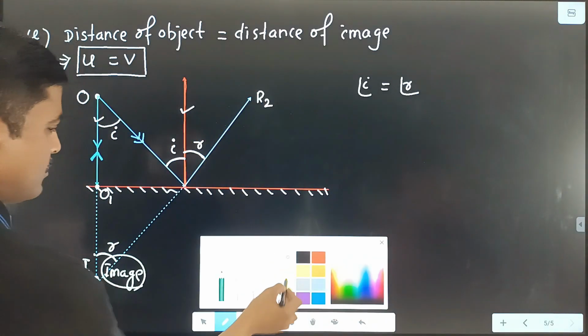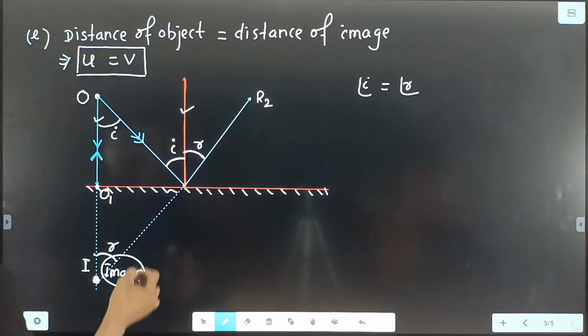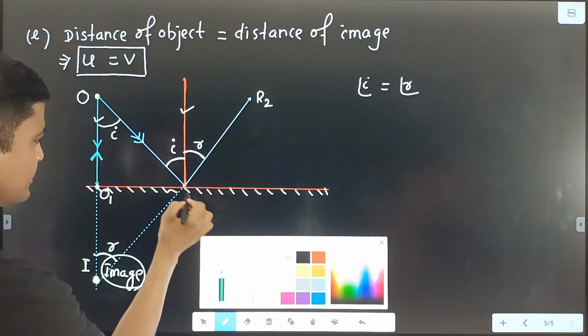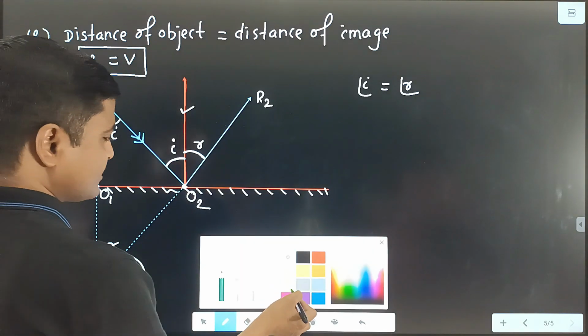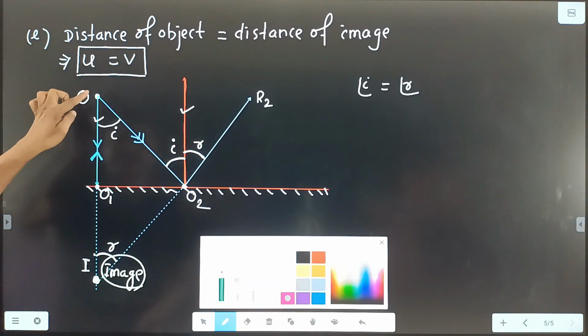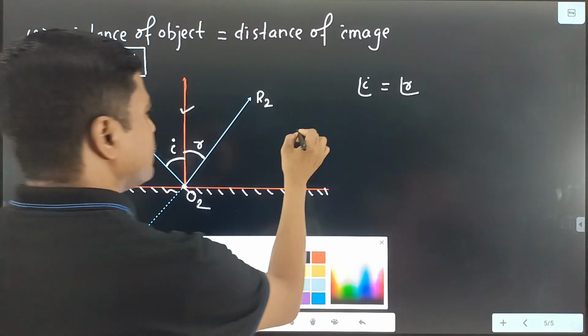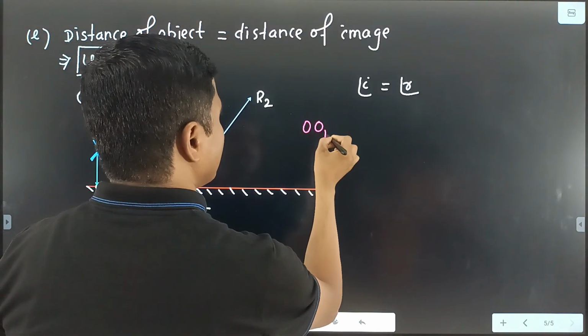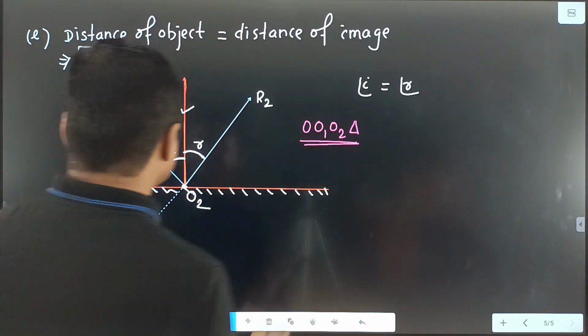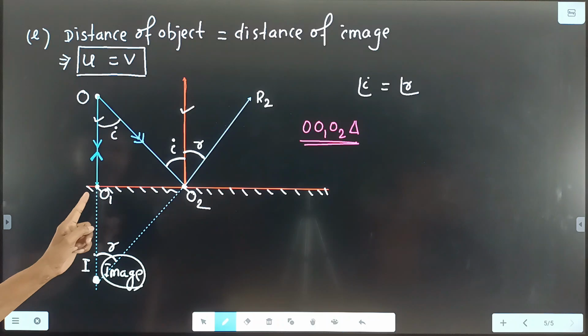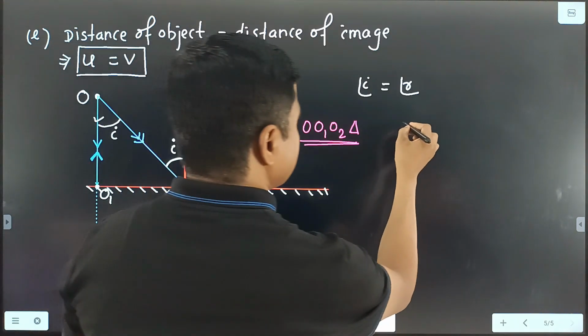That means here two triangles are there. Suppose this is the second point of incidence, we write O2. The first triangle is the O1, O2 triangle, and the second triangle is the I, O1, O2 triangle.